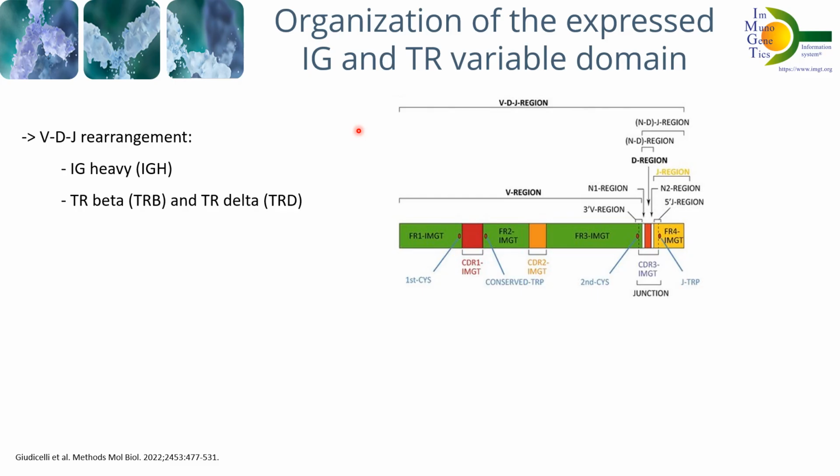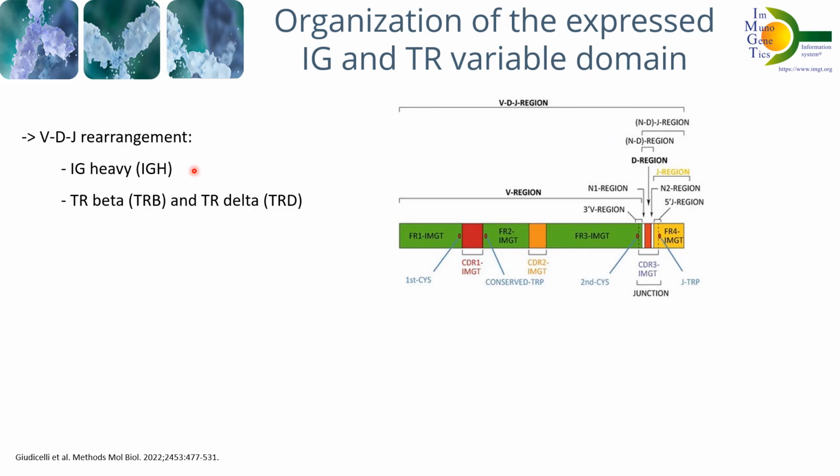This graphical representation, or prototype, illustrates rearranged immunoglobulin and T-cell receptor V-domain sequences with IMGT labels at the nucleotide level. There are two types of gene rearrangement. The first involves the V, D, and J genes, resulting in the VDJ region.